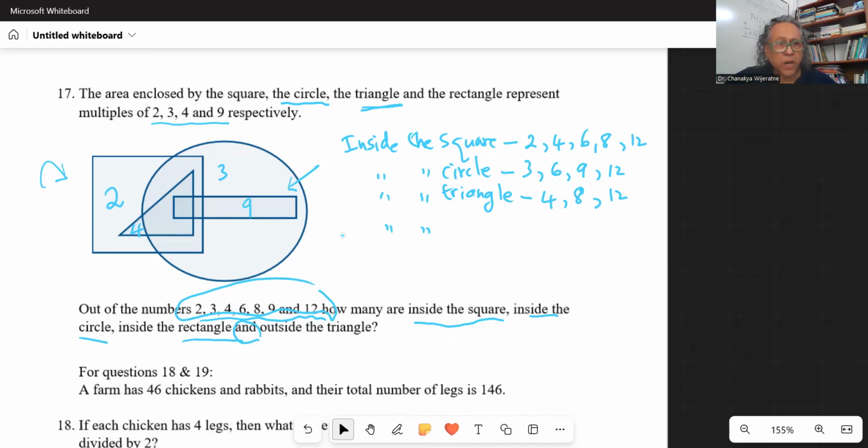Now actually we want outside the triangle. Sorry, inside the square, inside the circle, inside the rectangle, and outside the triangle, of course. Right, we don't want this, right? So let's see inside the square, inside the circle, inside the rectangle, right?